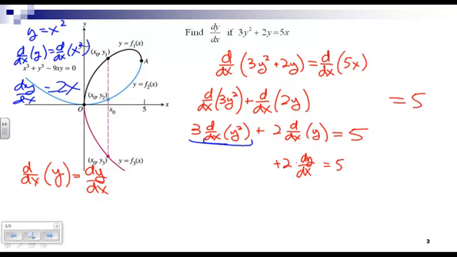There's an outside function: squared is the outside function. There's an inside function: y is the inside function, because it is implied that y is a function of x. So whenever we encounter a composite function, what's the rule that gets applied? The chain rule.